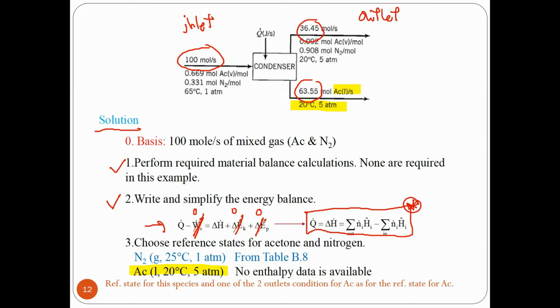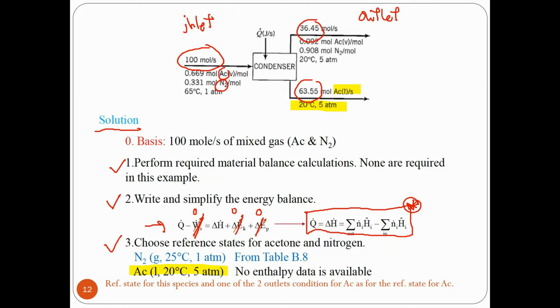So third, you need to choose your reference states for the acetone and nitrogen, because in this equation you are going to relate to the acetone and the nitrogen. So where can you refer to this data?